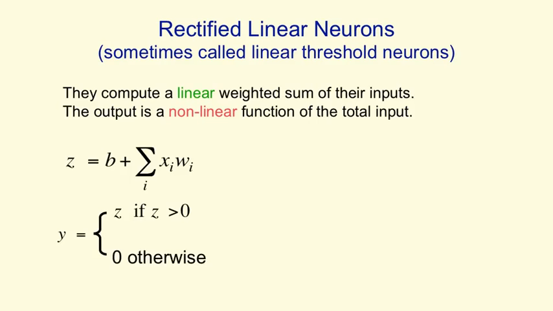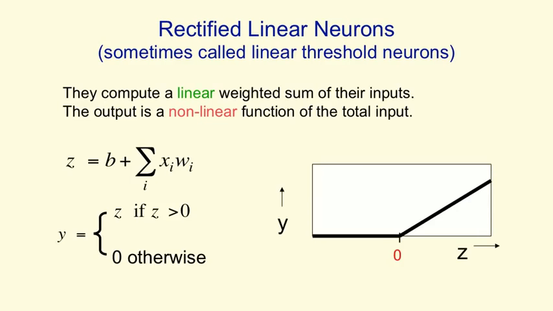Otherwise, we give an output that's equal to z. So above 0, it's linear, and at 0, it makes a hard decision. So the input-output curve looks like this. It's definitely not linear, but above 0, it is linear. So with a neuron like this, we can get a lot of the nice properties of linear systems when it's above 0. We can also get the ability to make decisions at 0.